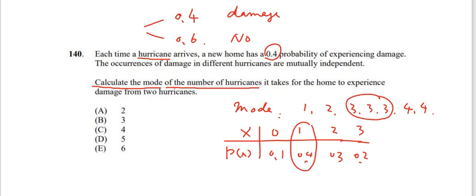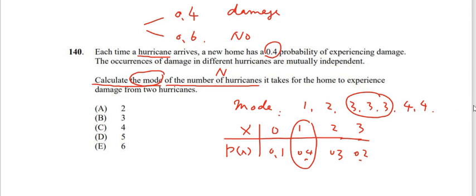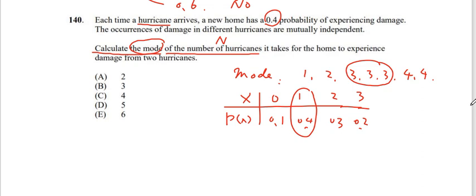Okay, so at first we understand this notation. What is the mode? This means that we regard this as a random variable, the number of hurricanes. We want to find which number makes the probability the highest. Okay, so this is the mode. This number is the number it takes for the home to experience damage from 2 hurricanes.